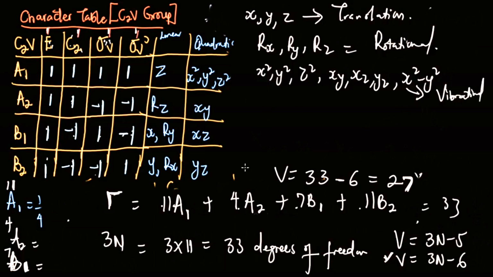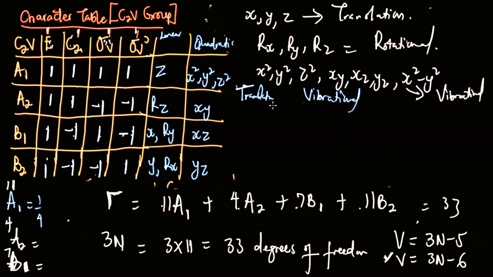Now let's look at it. Here we have A1, let's write translational, and vibrational, right? Looking at it, our translational is z. So we have one A1 here, sorry, z here.